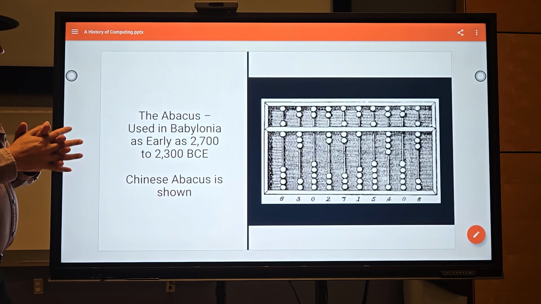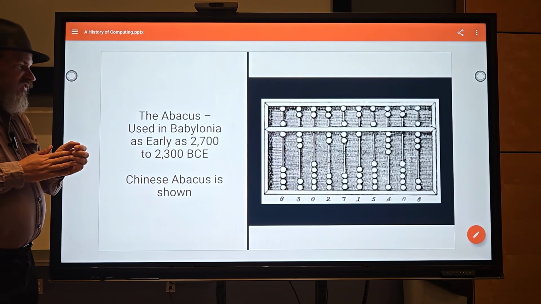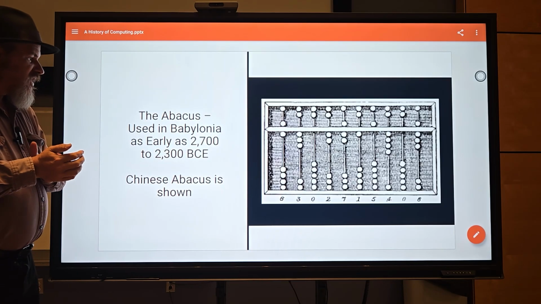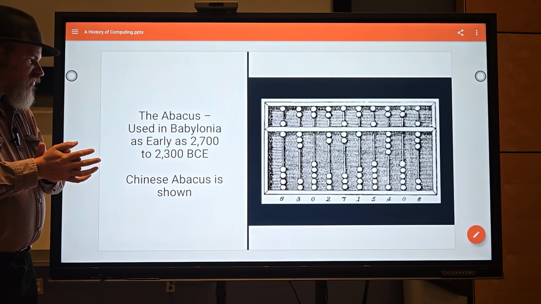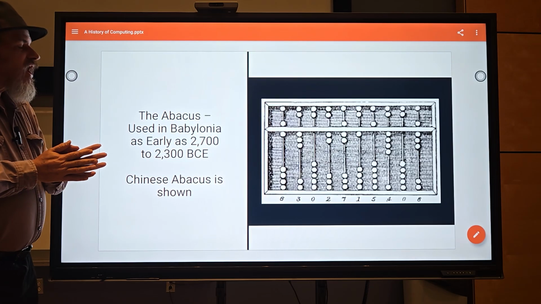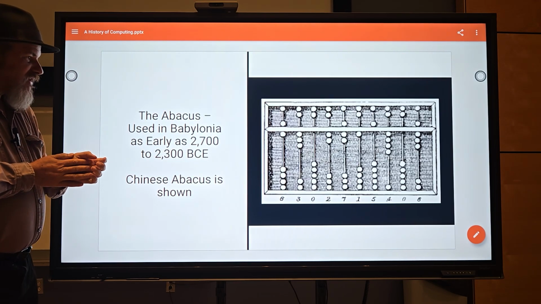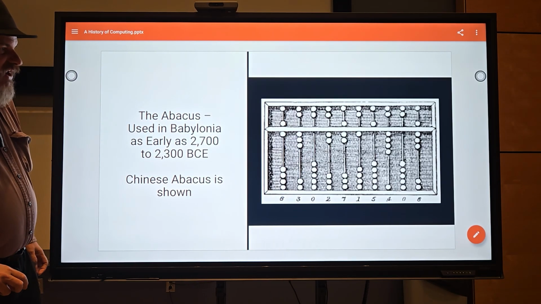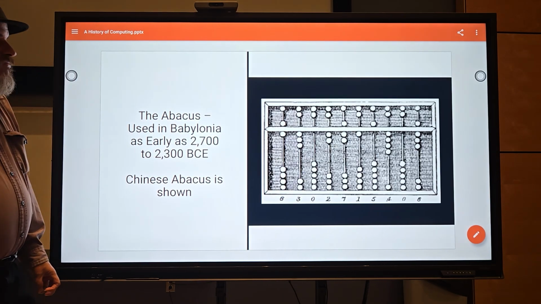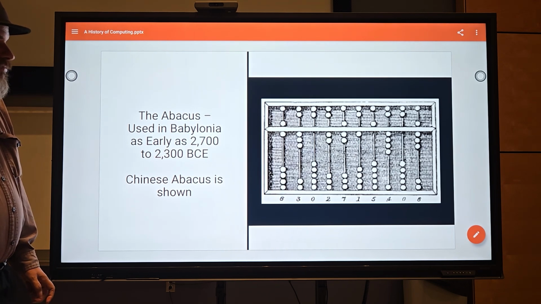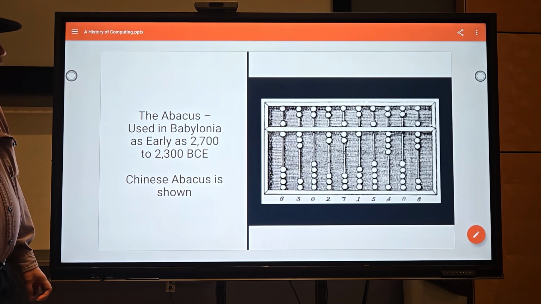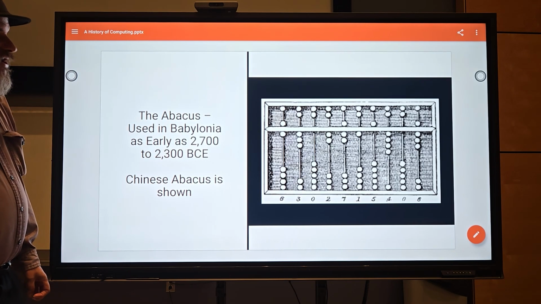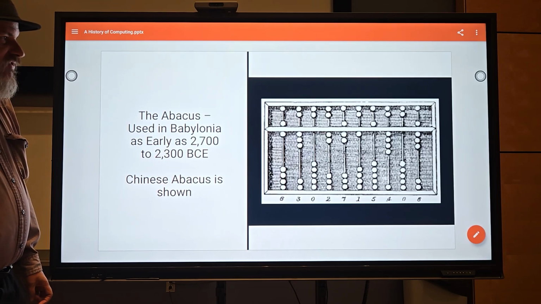The abacus was first developed in Babylonia as early as 2700 or 2300 BCE. Around the same time, the Chinese abacus was developed. That's the picture I could find, the Chinese abacus, which used beads on rods to represent numbers, and you could do simple addition and subtraction on these.